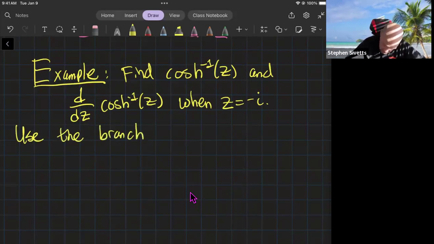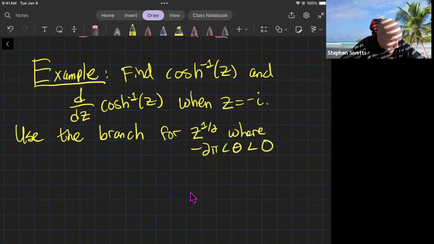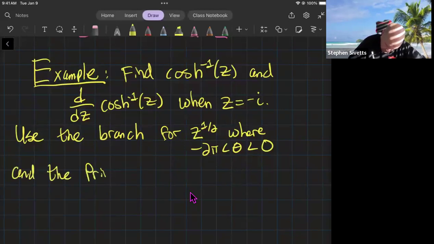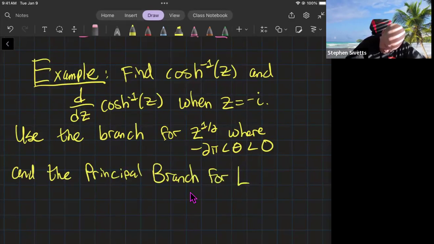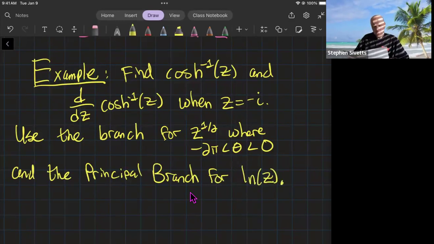Use the branch for z to the 1/2 where theta is between minus 2 pi and 0, and the principal branch for ln of z. Okay? So I want you to pause the video and work on this example on your own for a bit.